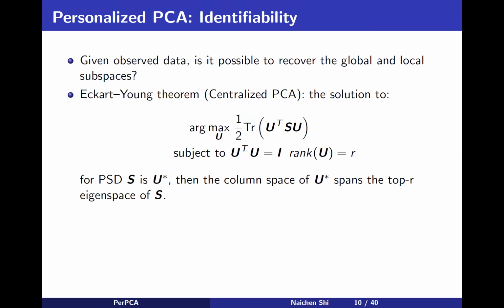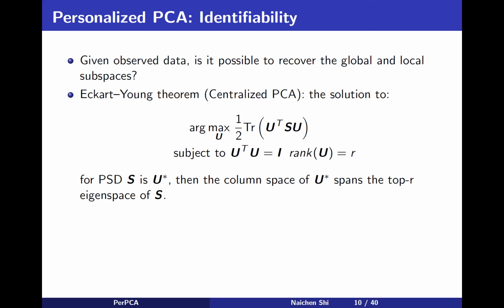In centralized PCA, this question is answered by the Eckart-Young theorem, which says the solution to the standard form of the constrained optimization problem of PCA, if the covariance matrix is not degenerate, is the top eigensubspace of the sample covariance matrix.